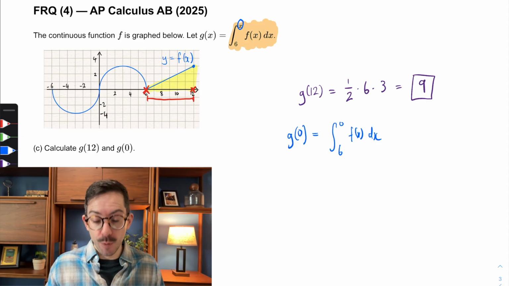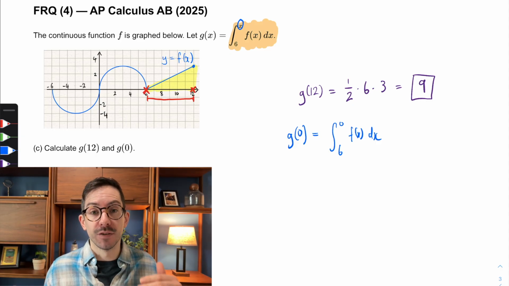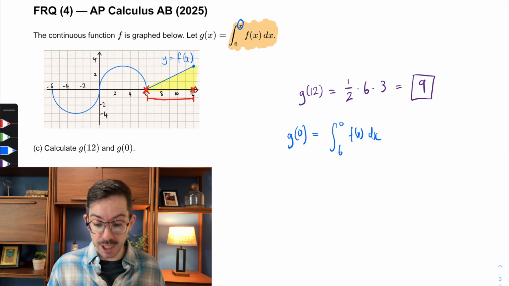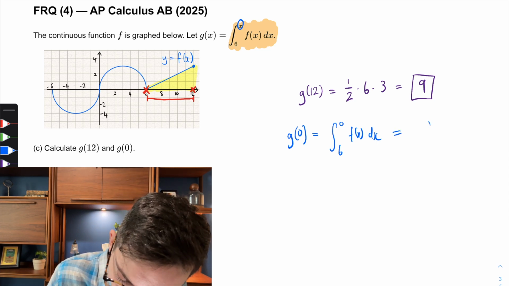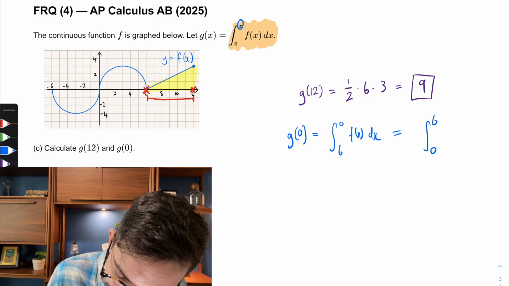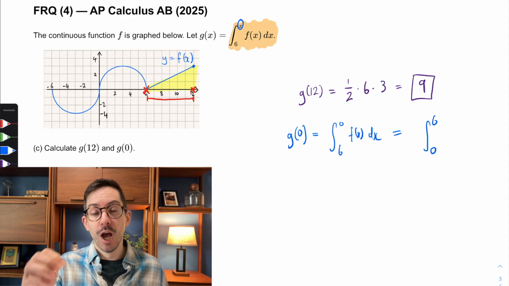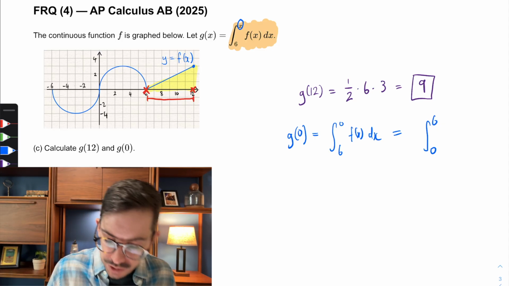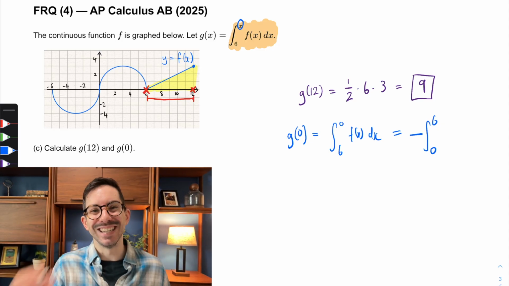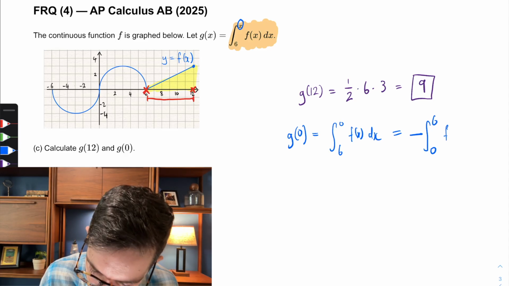So for us to interpret the definite integral as the area under the graph correctly, our limits need to be in the correct order. So in particular, I want to rewrite this as an integral from 0 up to 6 of f of x. But remember, our property of definite integrals says when we do that swap, we negate the value of the integral.